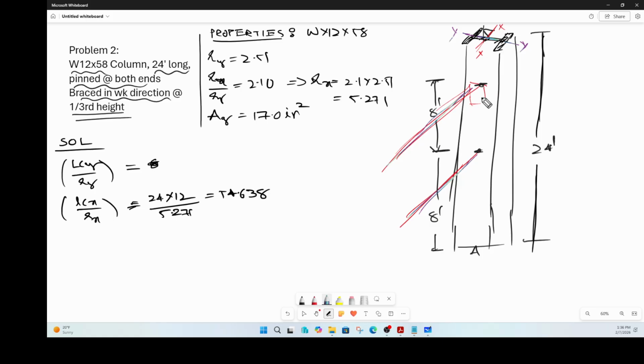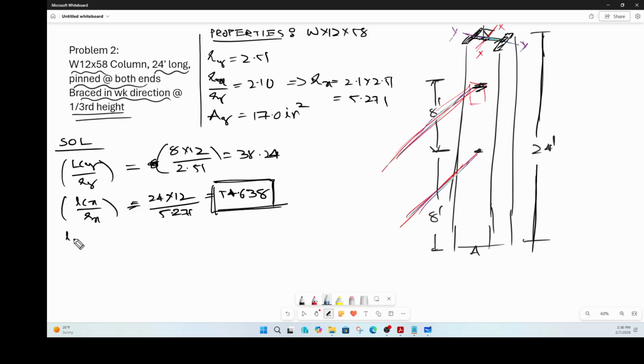The other slenderness ratio is in the y direction. In the y direction, the height is only 8 feet times 12 divided by your ry, which is 2.51. So this is 38.24. So the maximum slenderness ratio is this particular value here, because we have to pick up the LC by r maximum.